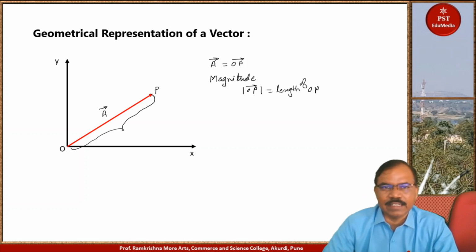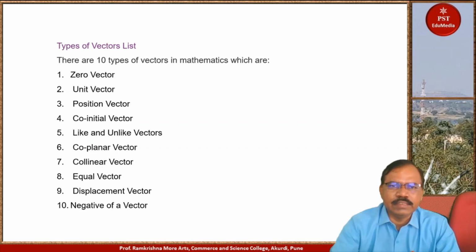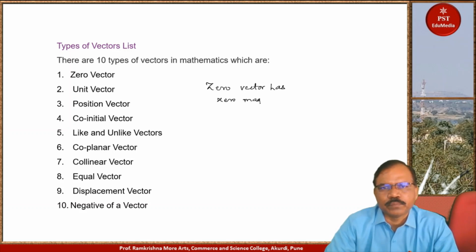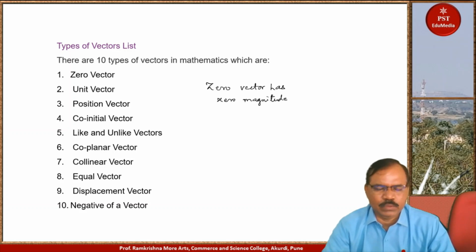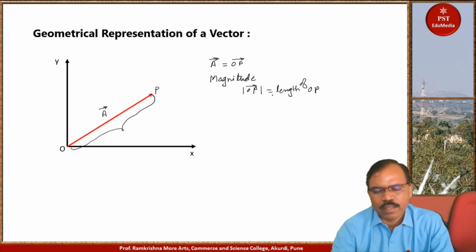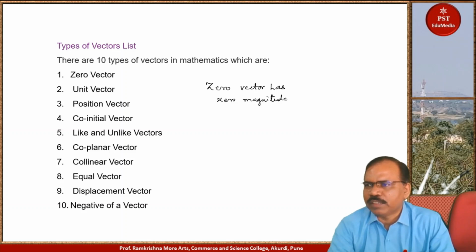Zero vector has zero magnitude, which means the length of OP is 0. What is the meaning of this?